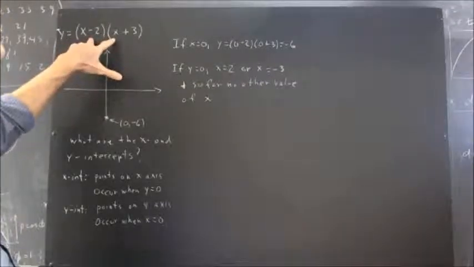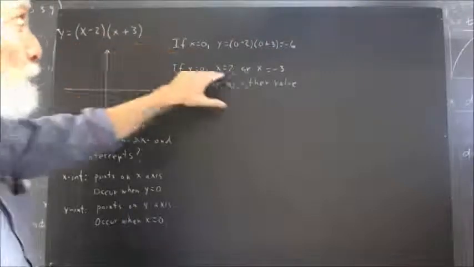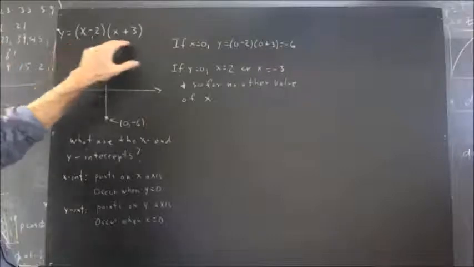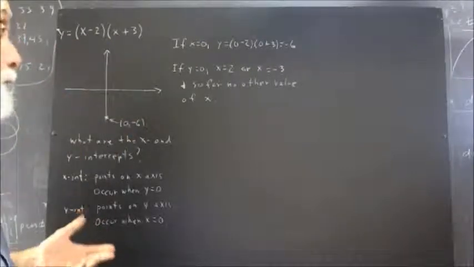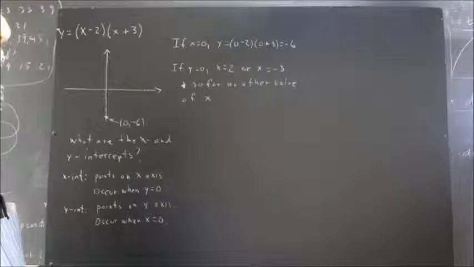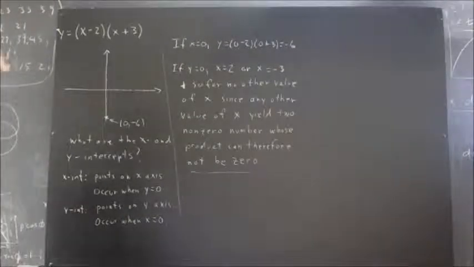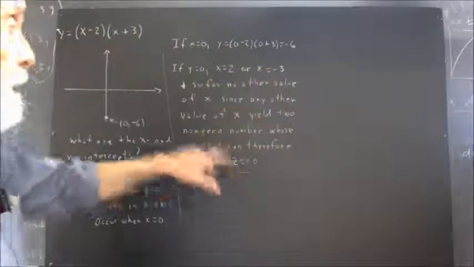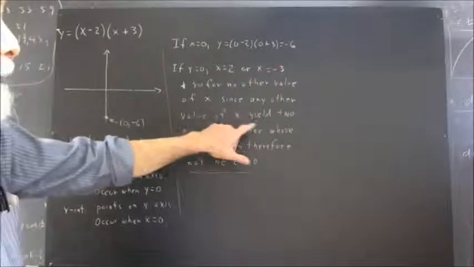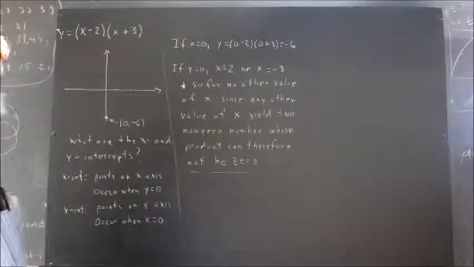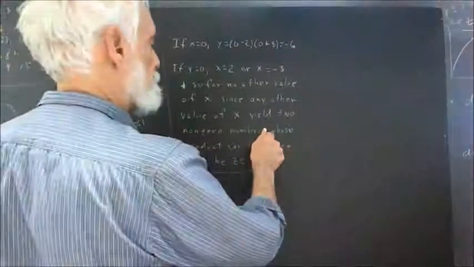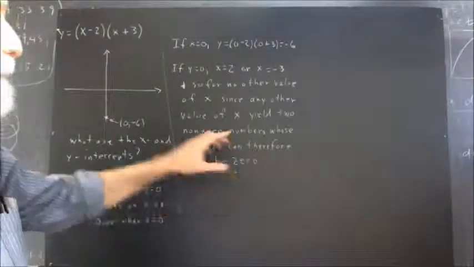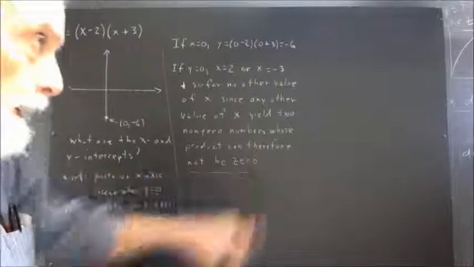If x isn't negative 3, this isn't 0. So if x isn't one of these values, neither one of these is going to be 0. And when you multiply together two numbers that aren't 0, you don't get 0. So the full statement would be, for no other value of x other than 2 or negative 3, since any other value of x would yield two non-zero numbers whose product can therefore not be 0. If the two numbers are non-zero, their product can't be 0.